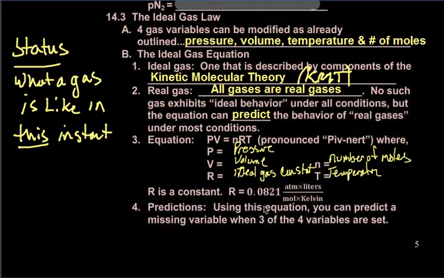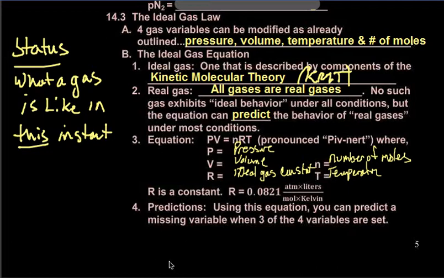This 0.0821 is the ideal gas constant. There are different numbers we can convert this into based on different kinds of pressures, but this is basically what it boils down to.